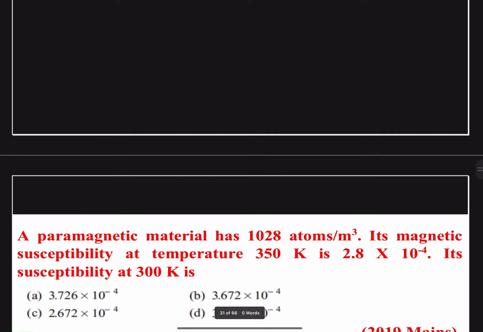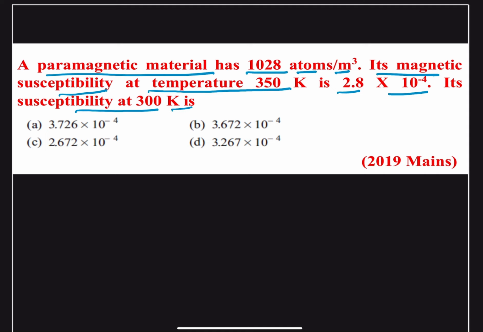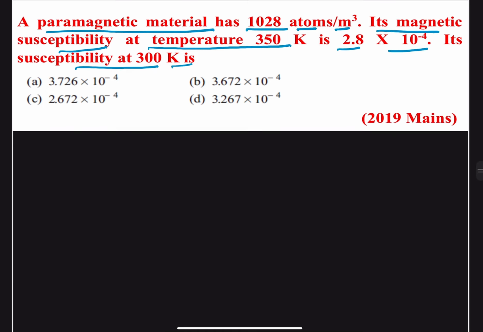So we come to the next question, and here it is said that a paramagnetic material has 10²⁸ atoms per meter cube. Its magnetic susceptibility at temperature 350 Kelvin is 2.8 into 10 to the power minus 4. Its susceptibility at 300 Kelvin is. So we are given the number of atoms per unit volume, and the magnetic susceptibility at temperature T1, and we have to find it at temperature T2, that is 300 Kelvin.